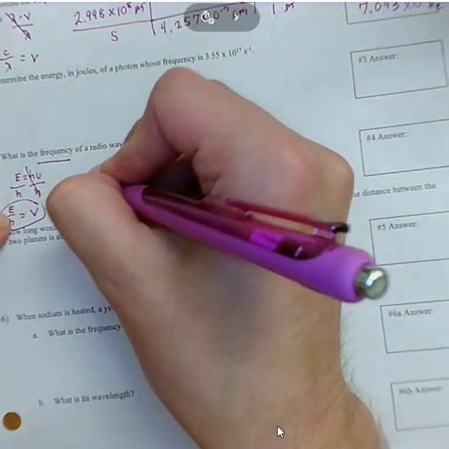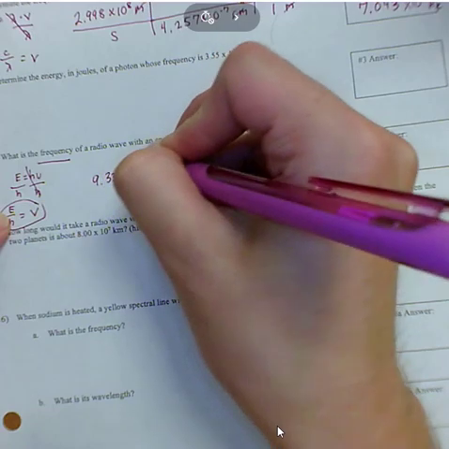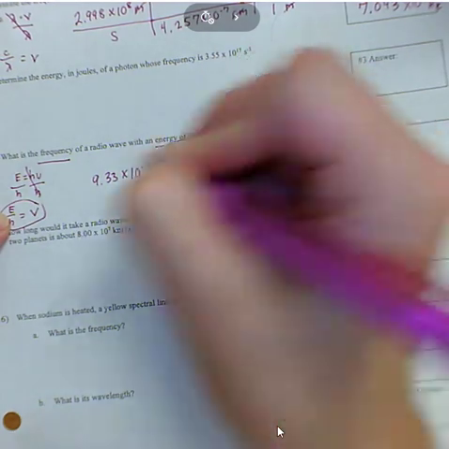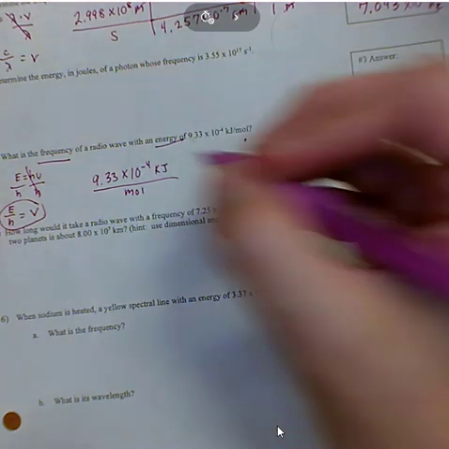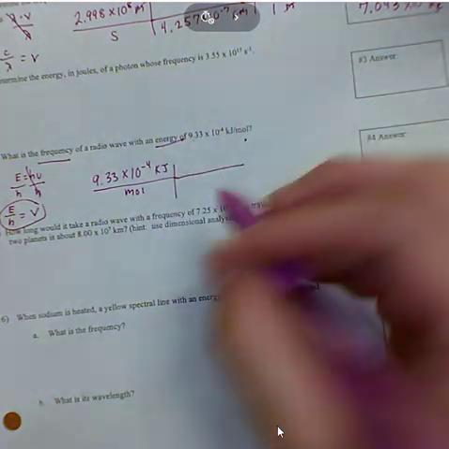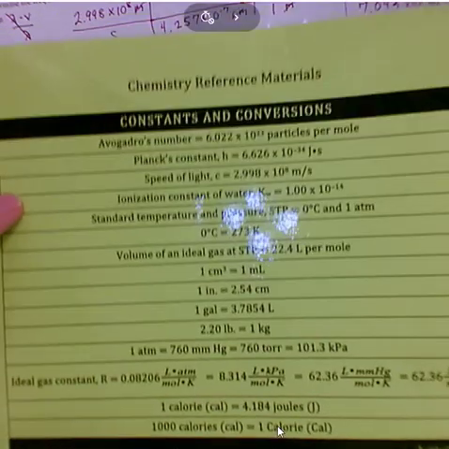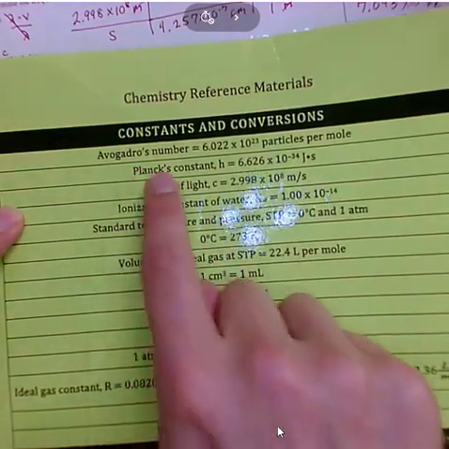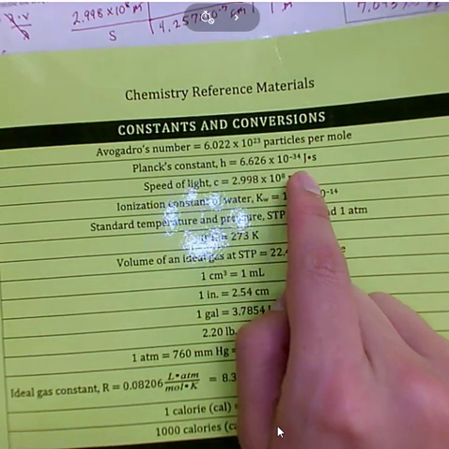E is 9.33 times 10 to the negative 4 kilojoules divided by mole. Divided by H, so H is going to go at the bottom right here. If I look in my periodic table, here's Planck's constant, H, 6.626 times 10 to the negative 34 joules per second.